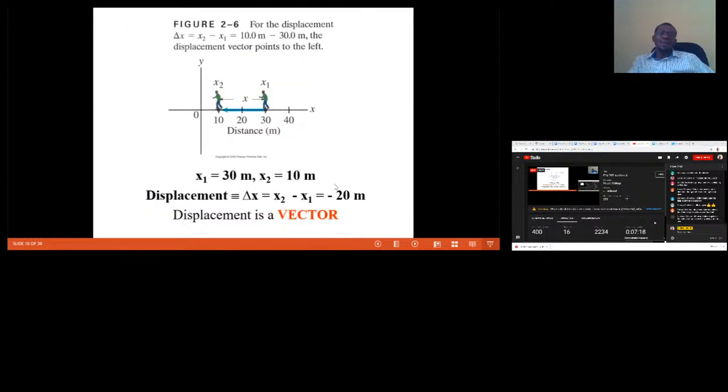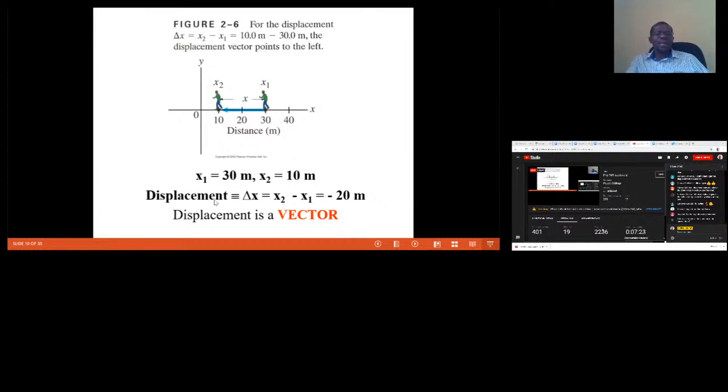On the other hand, let us assume that you have this person, I'm just calling the object, moving to the left. Initially they are at the position of 30 meters. Finally, they come to the position of 10 meters. So what is the displacement that has been made? As usual, x1 is equal to 30, x1 is the initial, x2 is equal to 10, x2 is the final.